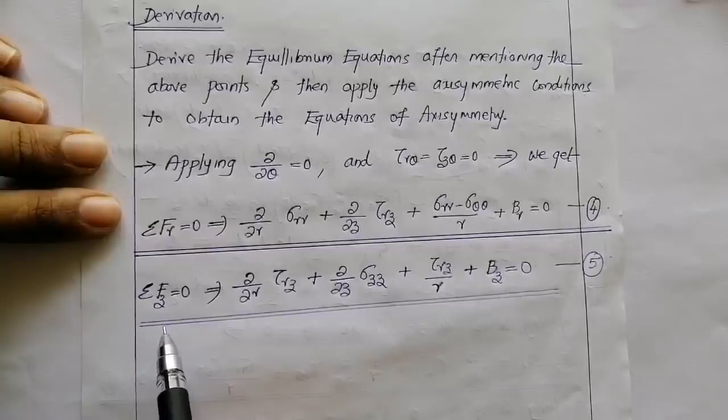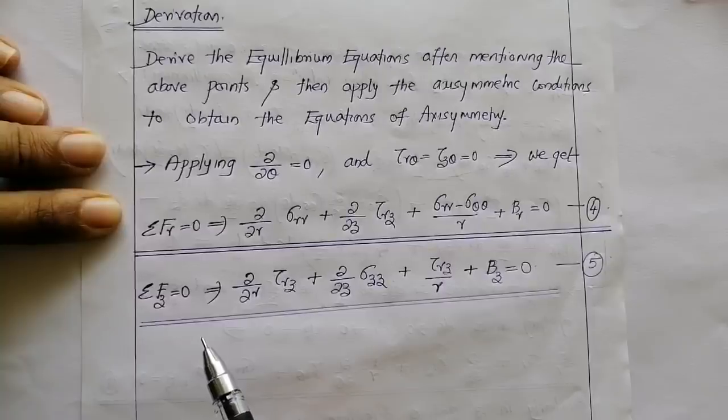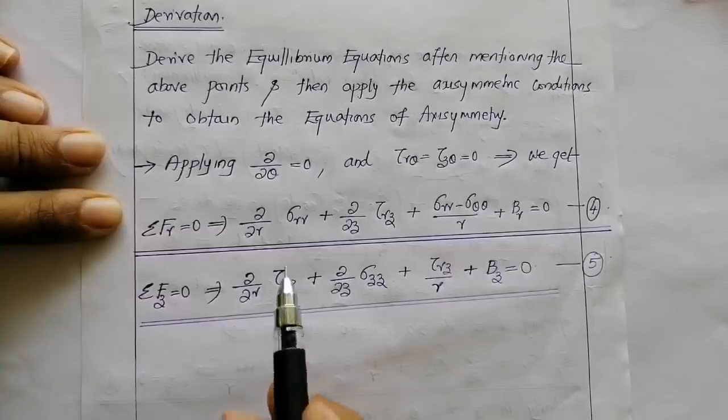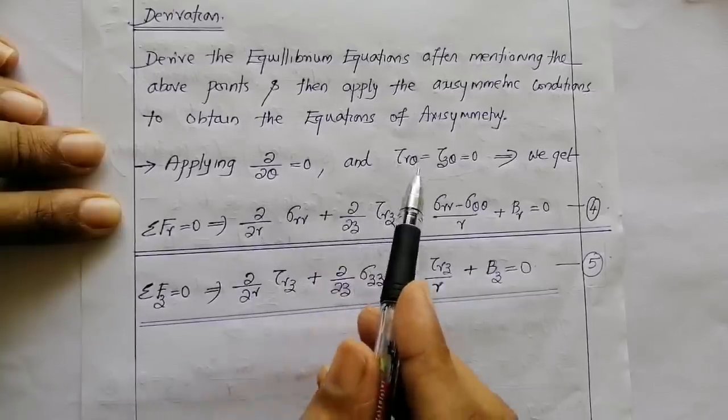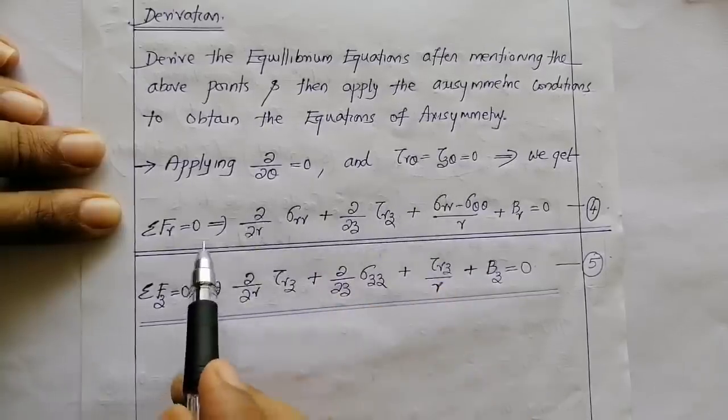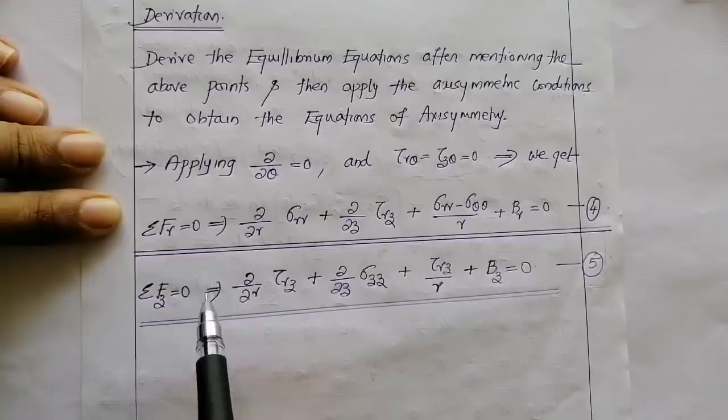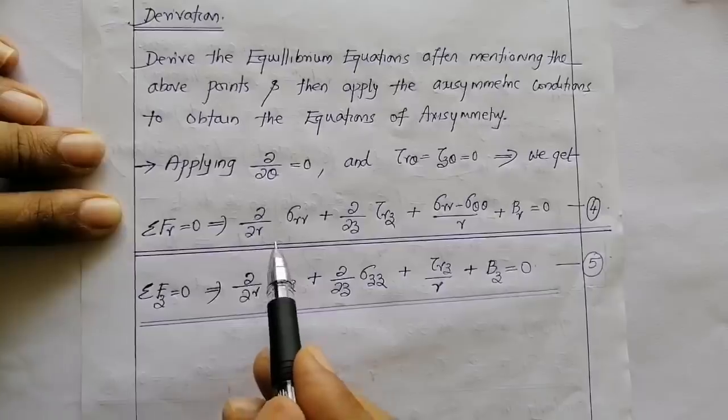Here the equilibrium equation about the theta direction will completely vanish. Why? Because the stress components are independent of theta, ∂/∂θ = 0. So if we apply these conditions in equations 1 and 2, equation 3 will completely vanish. In equations 1 and 2, we will get these equations.